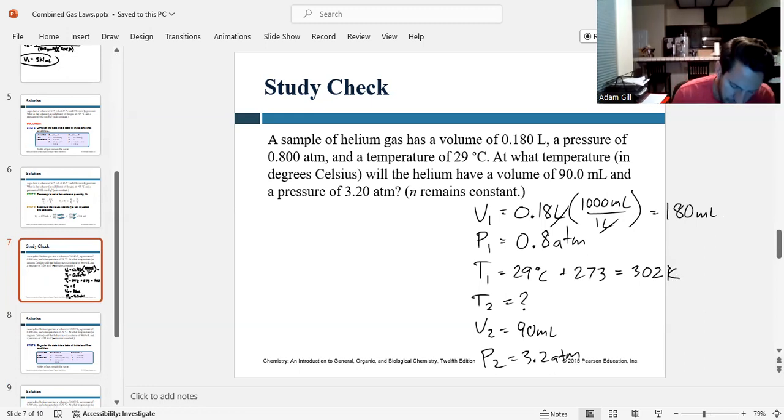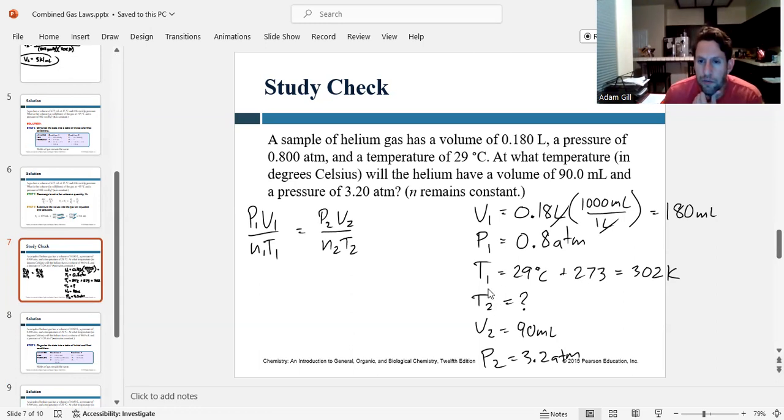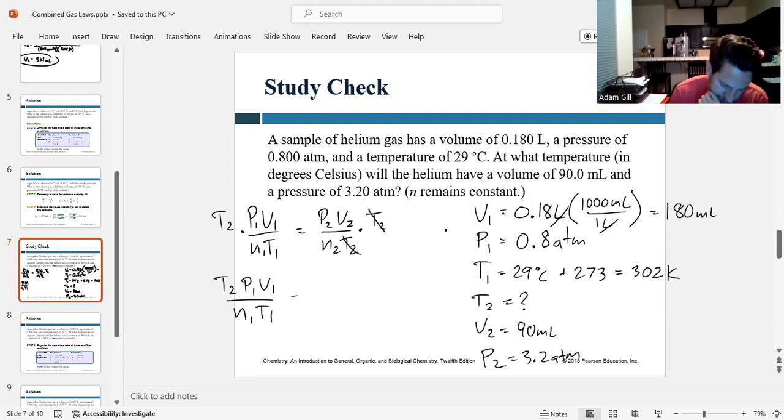So let's use the combined gas law. P1 V1 over N1 T1 equals P2 V2 over N2 T2. Now we're trying to solve for T2. So first things first, let's multiply by T2 on both sides. That'll get it out of the denominator. So now we have T2 P1 V1 over N1 T1 is P2 V2 over N2. I'm going to try and isolate T2 here.